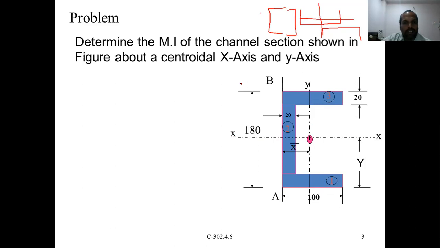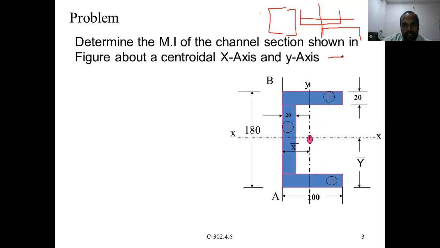So ultimately we can say the channel section can be symmetrical about any one axis, about the x-axis is possible, and always unsymmetrical about the y-axis for this orientation. Or there is another possibility that it can be unsymmetrical about both axes. It depends on size.